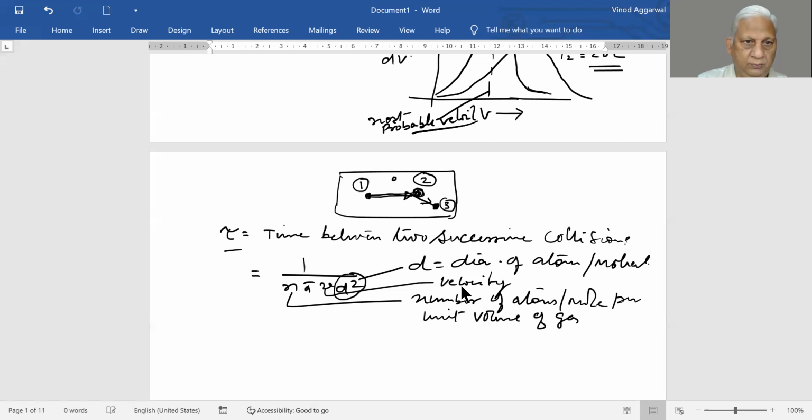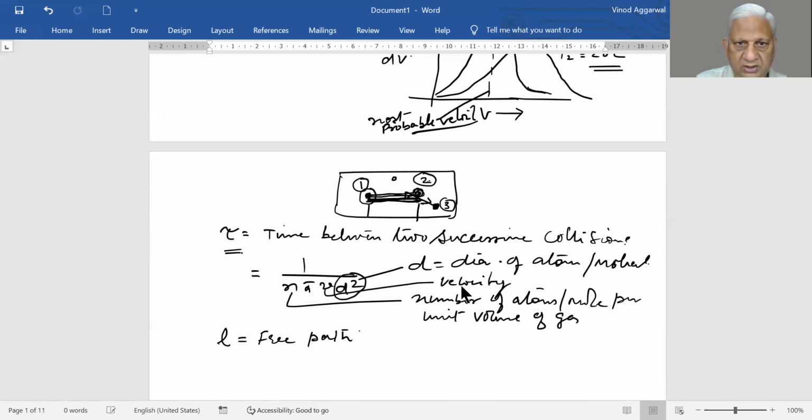If that being so, we define another term called free path. When this atom or molecule 1 starts its journey, until it hits atom 2 or molecule 2, it has a free path. There is nothing in between.